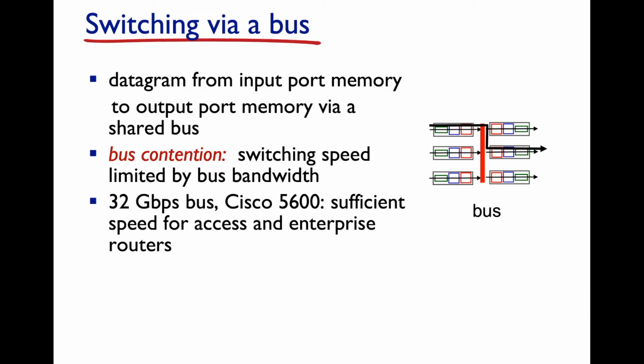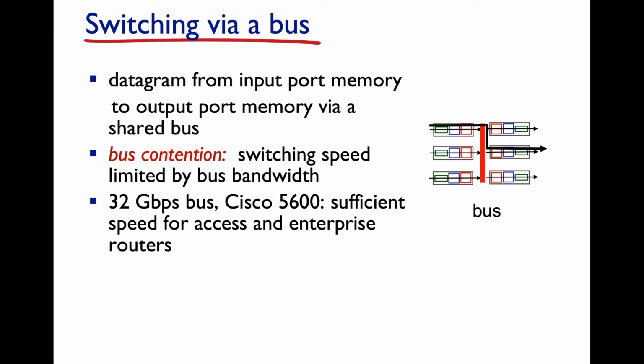Another type of switching architecture we describe as a bus. Now, a datagram is sent from an input port's memory, the queue, the buffer space, to an output port using a shared bus. Of course, you only have a singular bus. While it is certainly a high-speed substrate, it is a limited resource. And as a limited resource, you have all of these input and output ports contending for access to the bus.